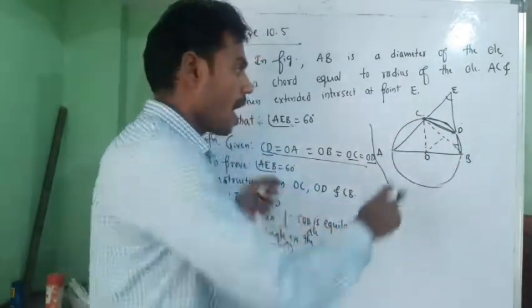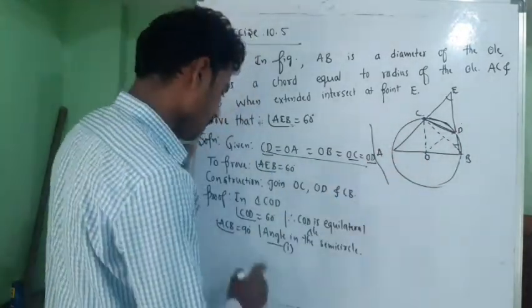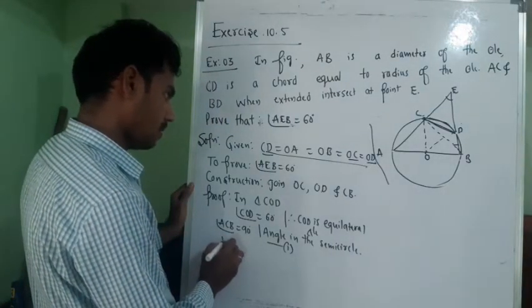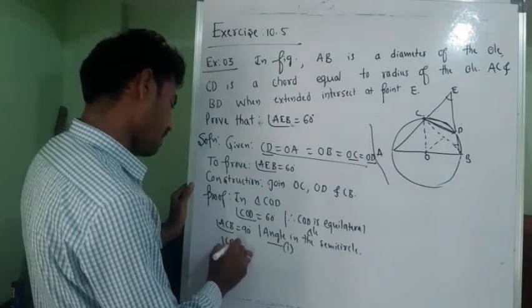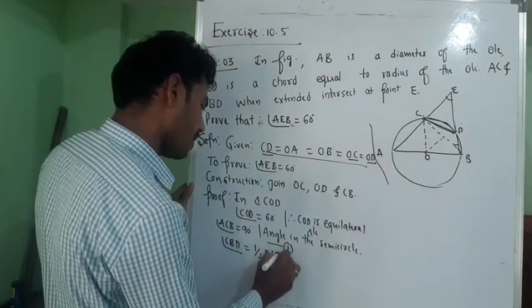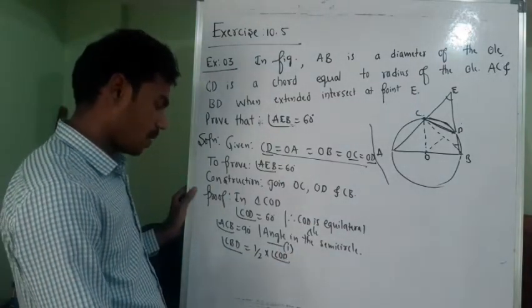So the angle formed at the center will be twice it. So angle CBD is equal to half of angle COD. Understood? Okay.